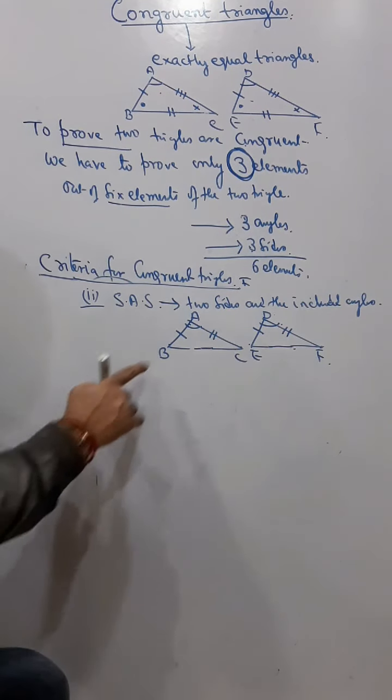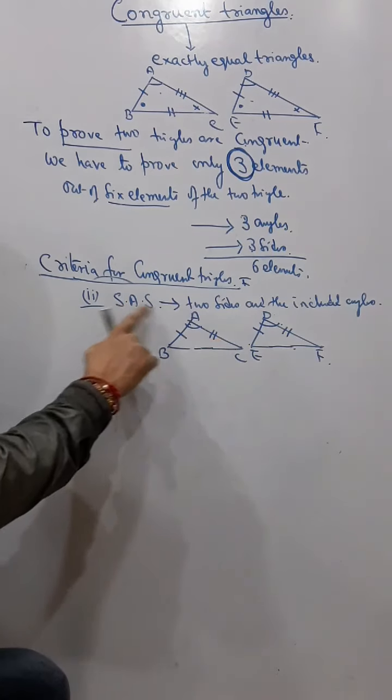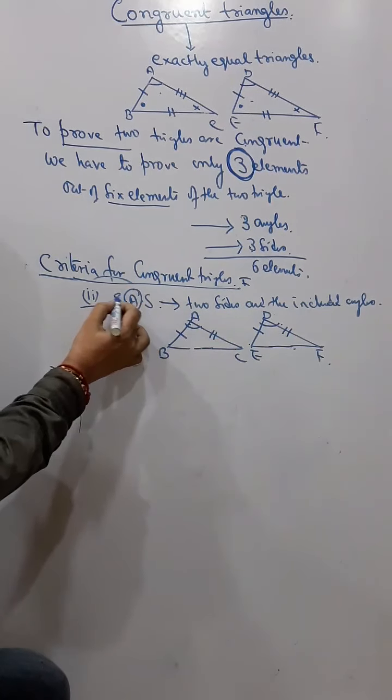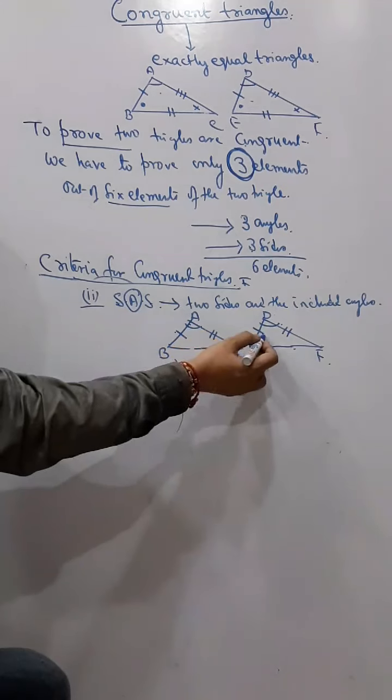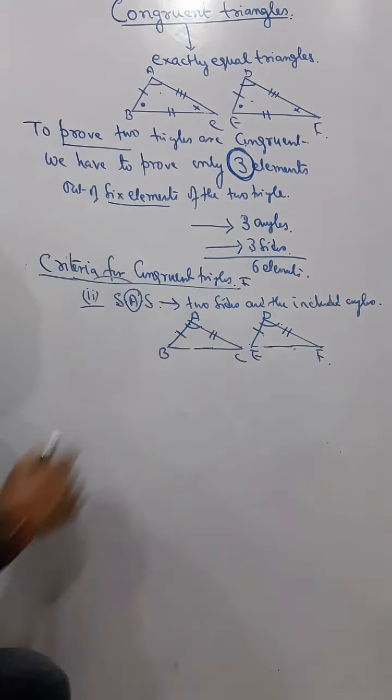Then we say that this is SAS criteria. Two sides and the angle between the two sides are equal. Then we say that these two triangles are congruent.